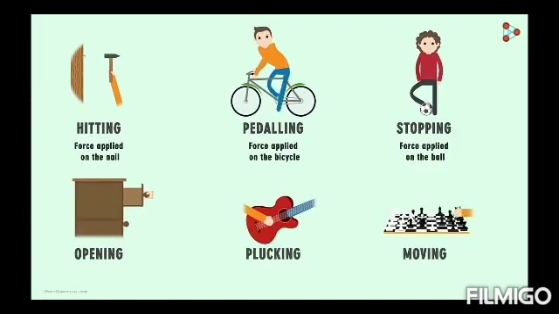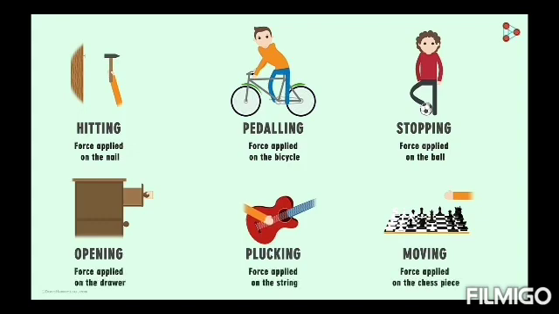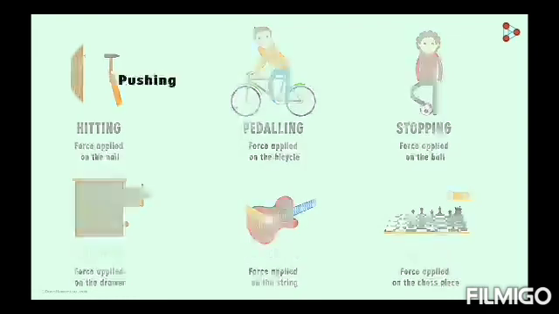Opening a drawer, plucking a string of the guitar, moving a piece on a chessboard are some of the other actions performed on objects. So, performing these actions on an object is nothing but applying force on it. There are so many actions that we can perform on objects, and it is not possible to write each of them.